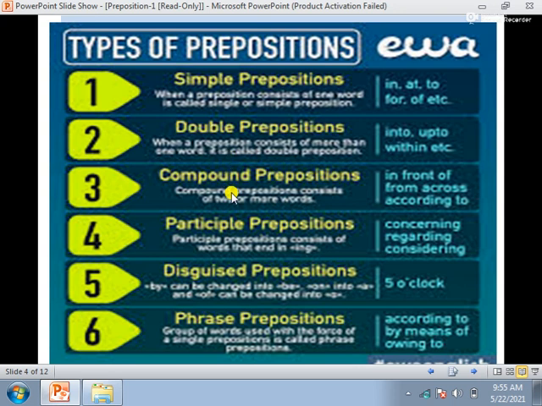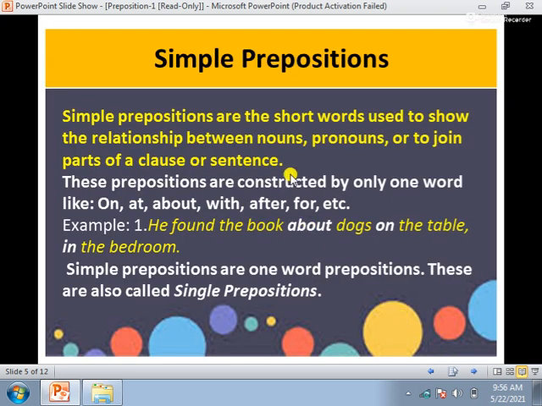There are different types of preposition: simple preposition, double preposition, compound preposition, participle preposition, disguised preposition, phrase preposition, detached preposition. In this lecture we shall discuss them. At first, come to our discussion on simple preposition.